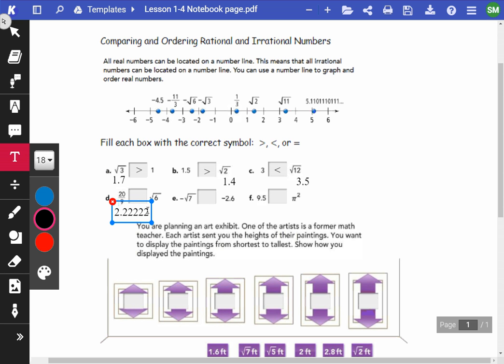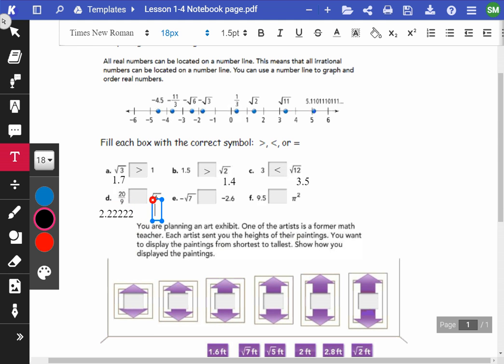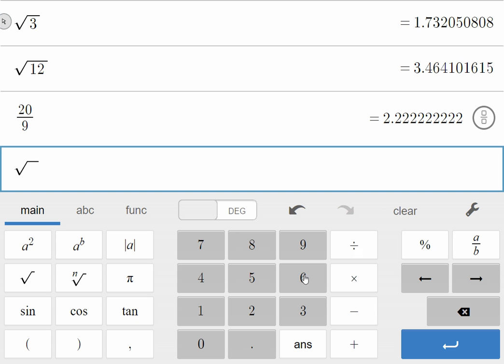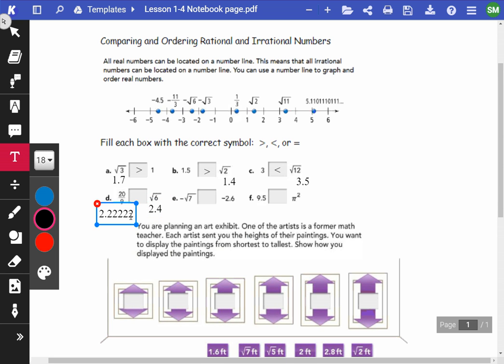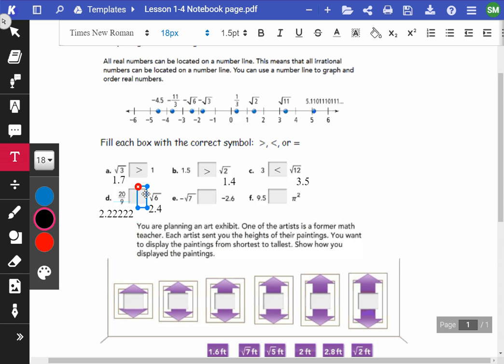That's 20 over 9. And the square root of 6. Again, the calculator, this is pretty easy to do. Looks like about 2.4. So I'm going to compare 2.222 to 2.4. What goes there? I'm going with less than.